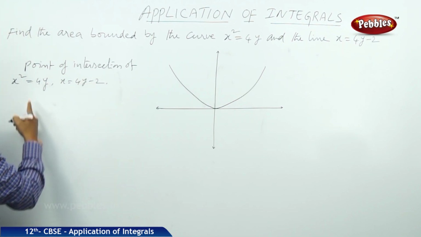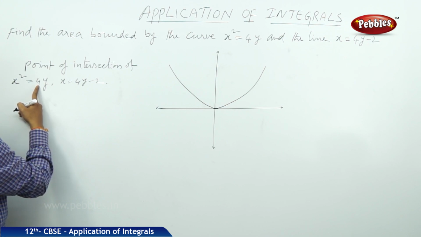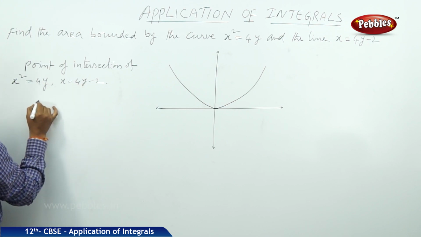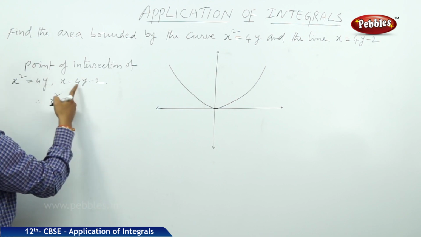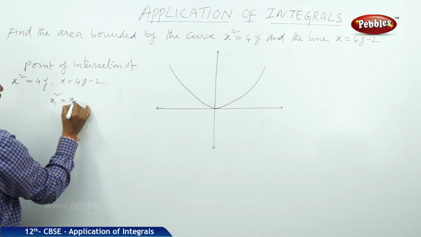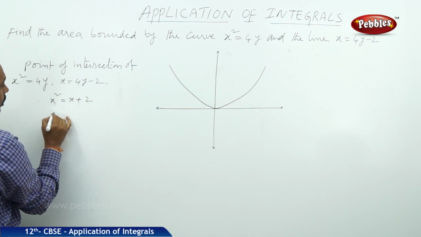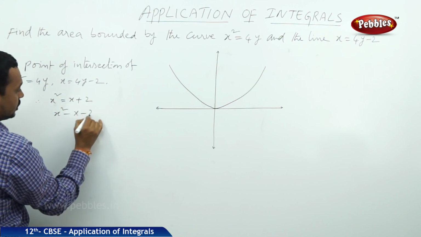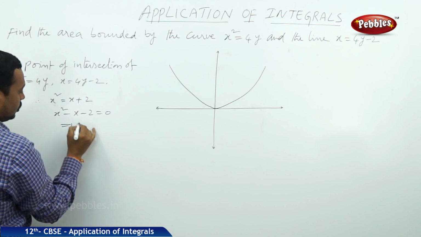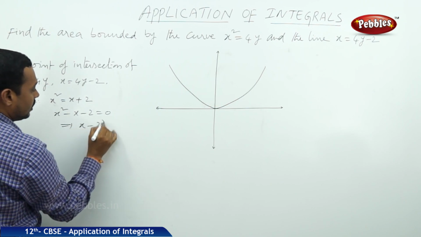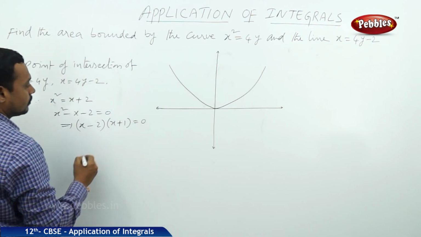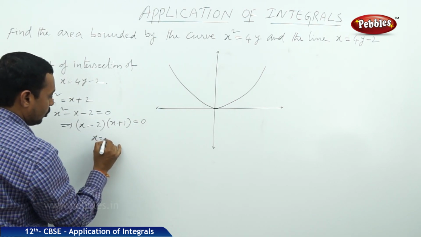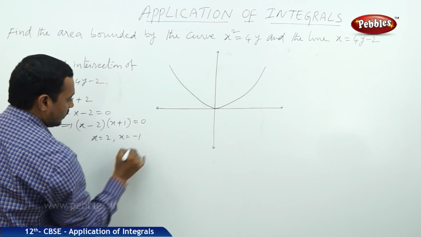now we can eliminate 4y by x plus 2. Therefore x square is equal to, we can replace this 4y by x plus 2. Now x square minus x minus 2 is equal to 0. So here the factors are x minus 2 into x plus 1 is equal to 0. Therefore x is equal to either 2 or minus 1.